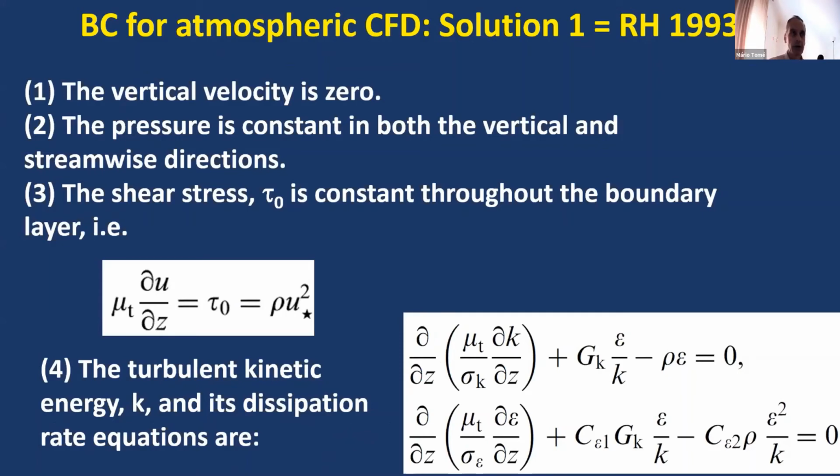One very important is the third one, which assumes that the shear stress is constant in the vertical, which is a reasonable assumption, but it's reasonable only in the surface layer, not for the whole atmospheric boundary layer.